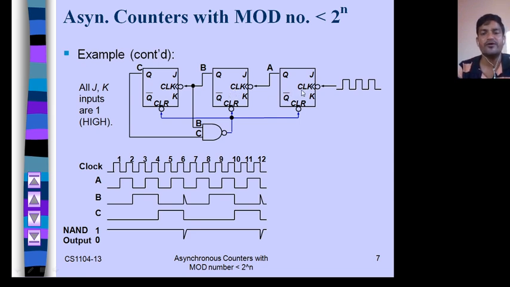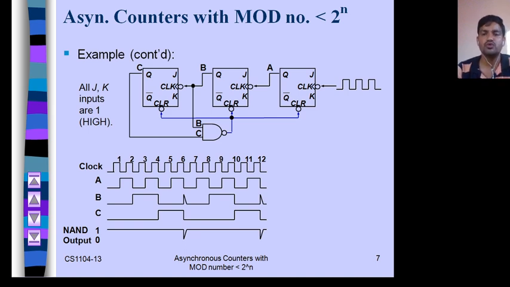Is it clear or not? Actually, what is happening is that when its value becomes 1 1 0, the output of the NAND gate becomes 0. Now all the clear pins are working. Earlier, before 6, these clear pins were not working because they require 0 to work.